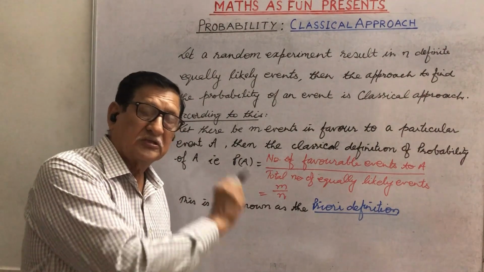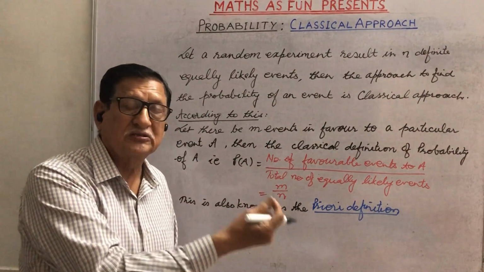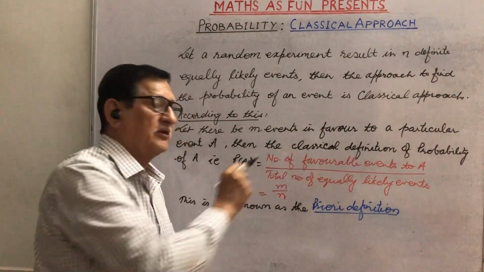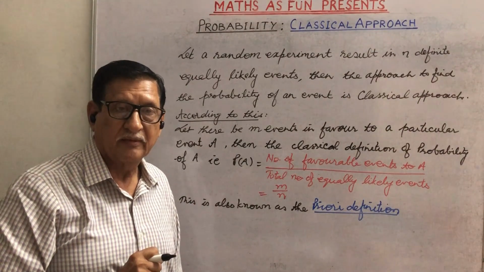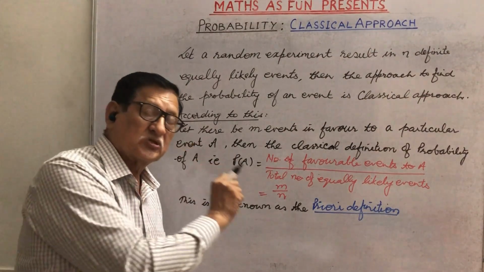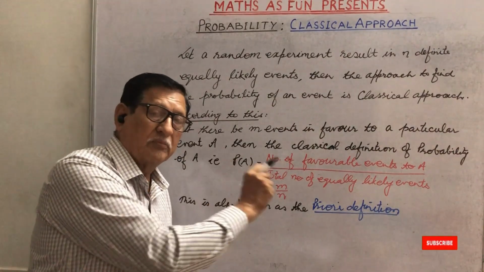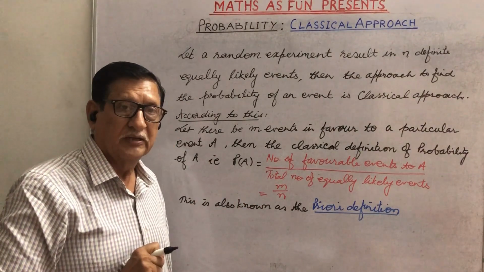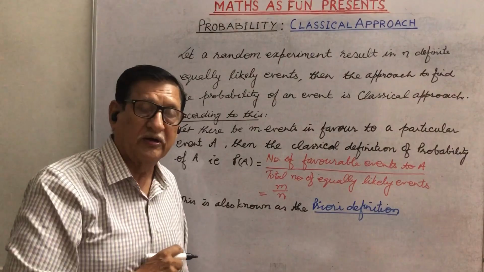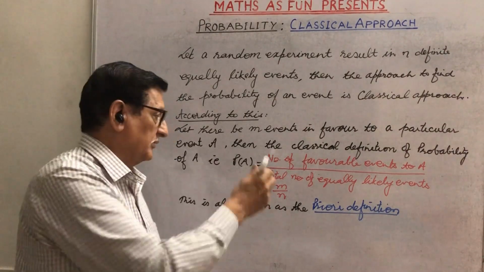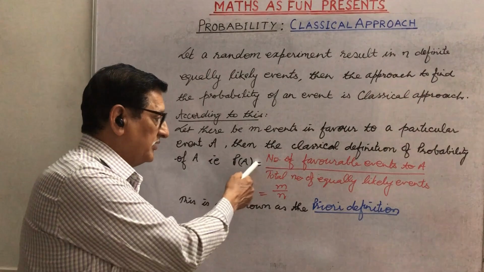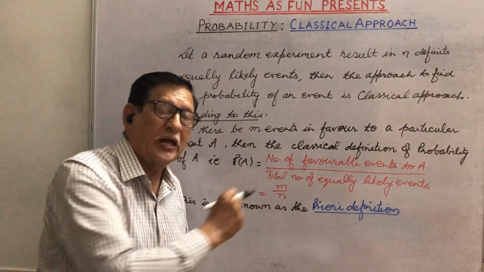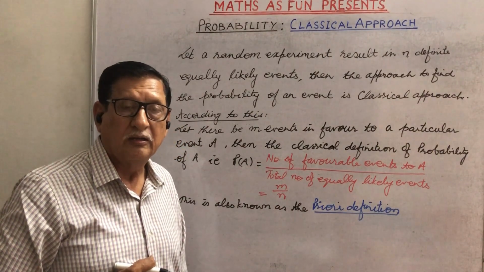But here, the experiment may be done once or may be repeated, and we have to find the number of favorable events to the particular event A, and the ratio of it to the total number of equally likely events is the probability of A. Suppose there are m events which are in favor of the event A, then the probability of A will be defined as P(A) equal to m upon n.